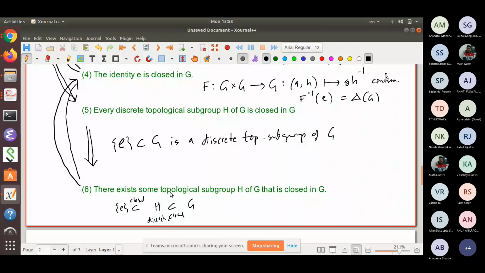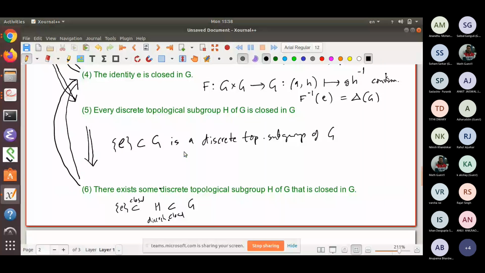Wait, here I have made, that is too bad. I have said there exists a topological. Let me put the missing word here. Okay, all right, there we are.